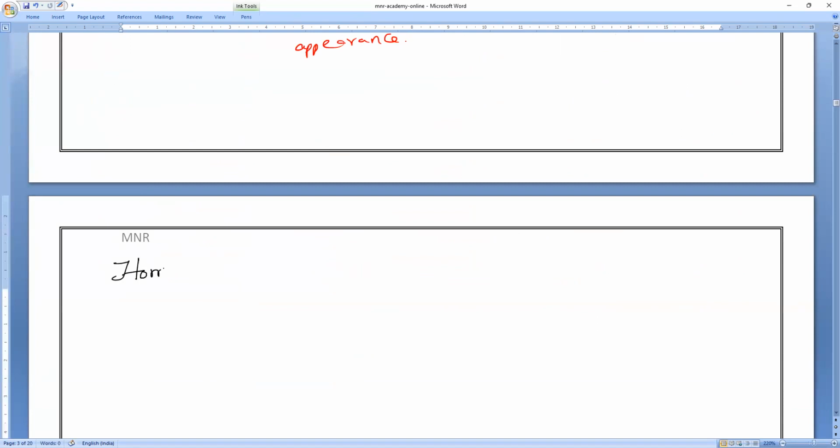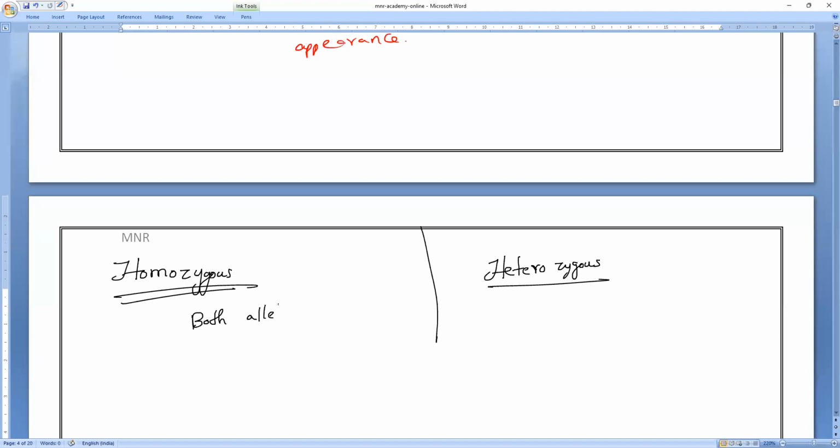One is homozygous alleles, most important one, and the next one is heterozygous alleles. Clear, everybody? Homozygous means pure alleles, meaning both alleles must be the same.